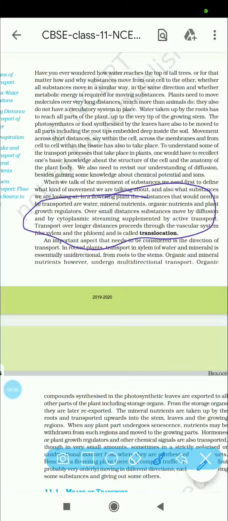For small distances, plants can use diffusion. If it is to be moved inside the cell, plants can use cytoplasmic streaming, that is the circular movement of the cytoplasm, or what we call cyclosis, and they can also use active transport. For large distance movement, it will mainly occur through the vascular system.